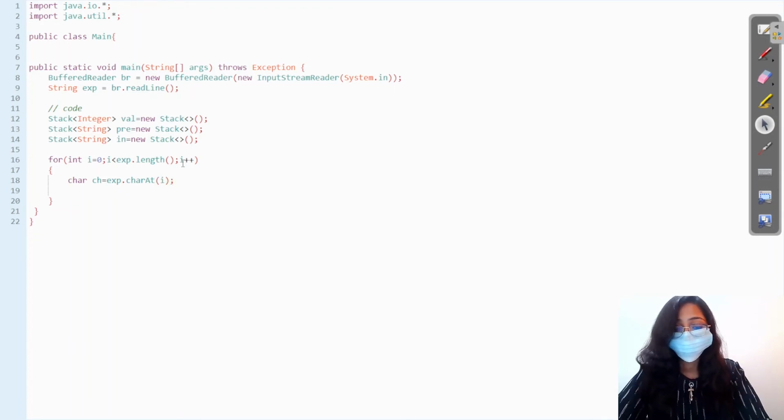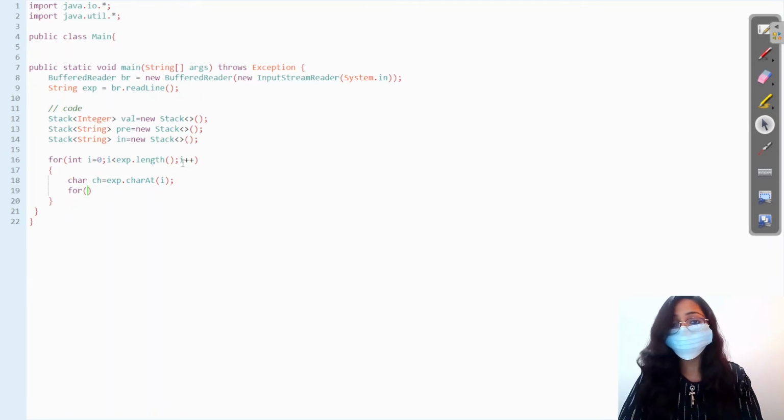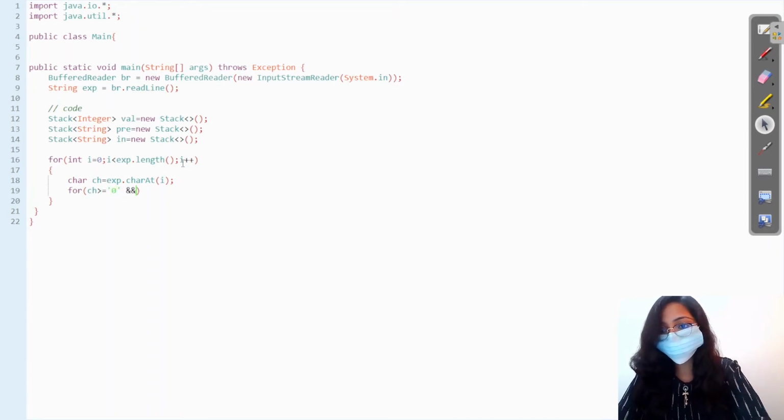Okay. First thing which we need to check is whether it is an operand or an operator. So if it is an operand, then the value will lie between 0 and 9. So it should be greater than equal to 0 and less than equal to 9, right? Okay.